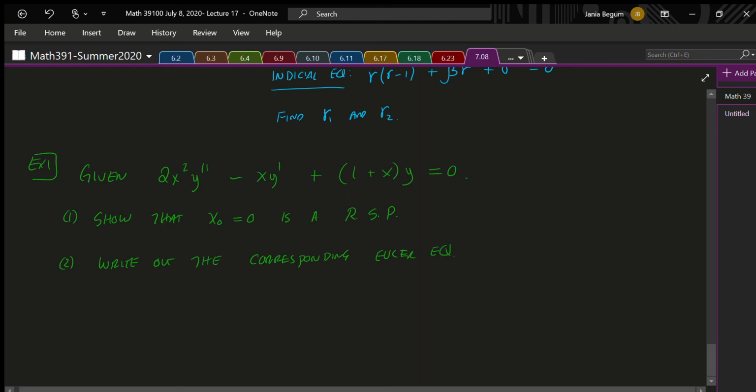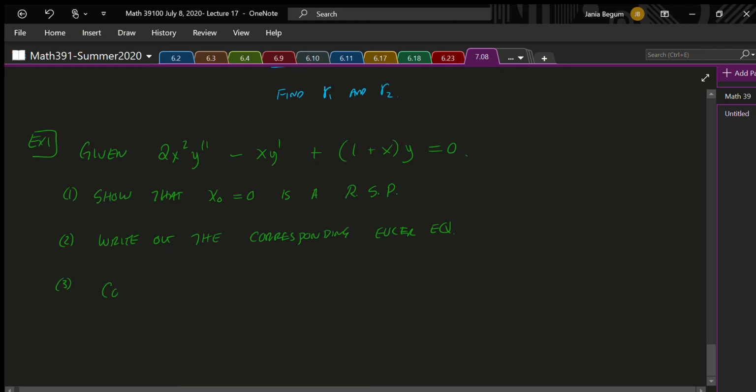And step 3 is going to be compute the recursion formula for the series solution corresponding to the larger root.